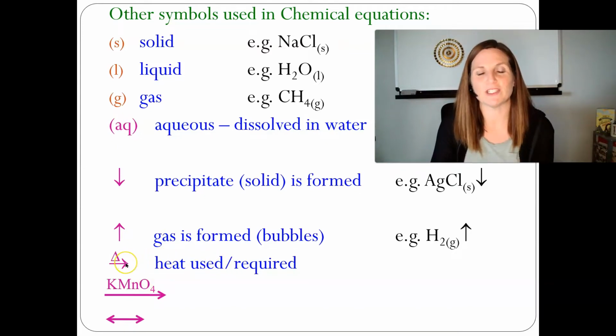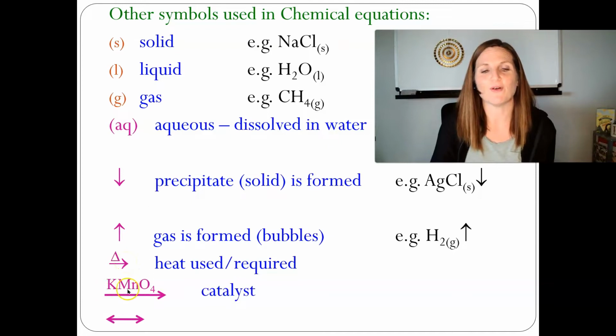So that would be a way to show that you need to cook it or heat it. We also sometimes see a chemical formula over the top of our reaction arrow, and that indicates a catalyst. A catalyst is something that speeds up the reaction without being consumed by the reaction. So it's not a reactant or a product. Instead, it's something that facilitates the reaction itself.